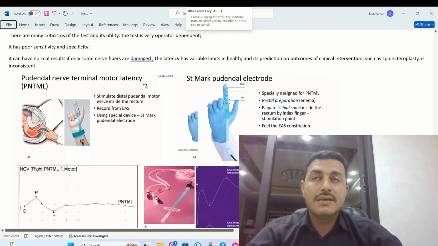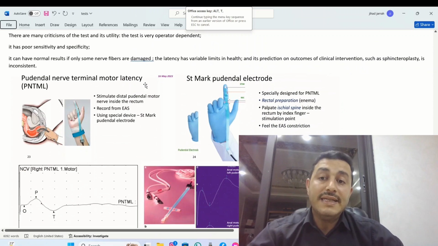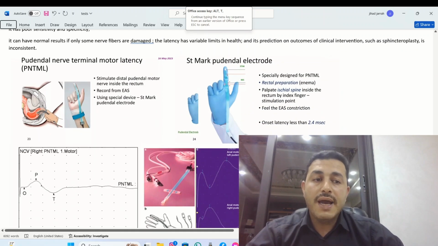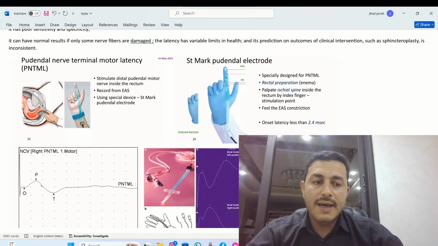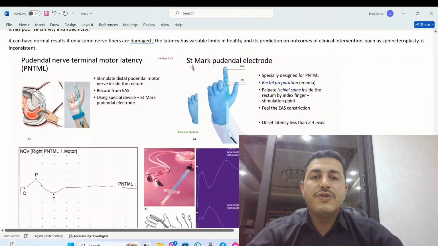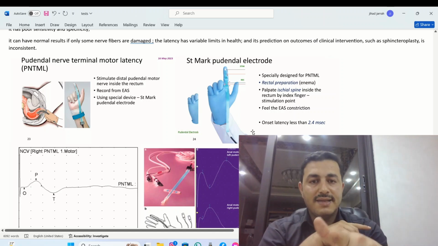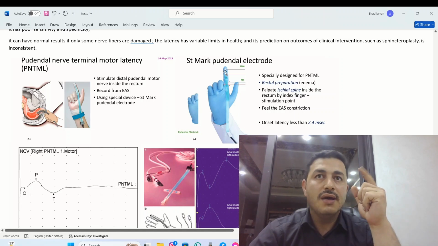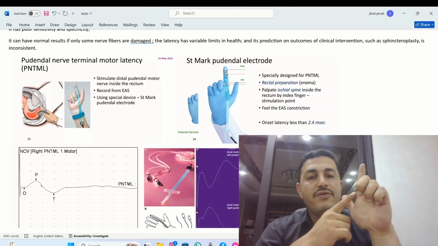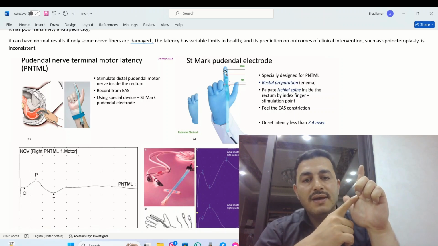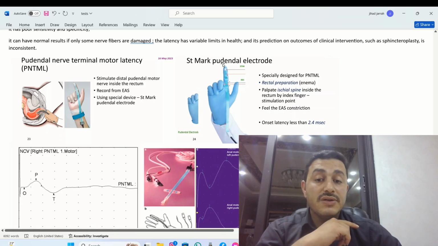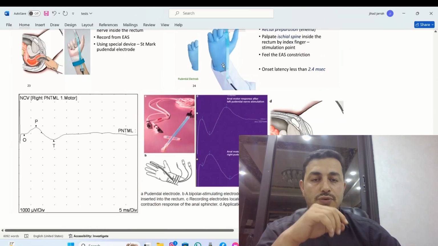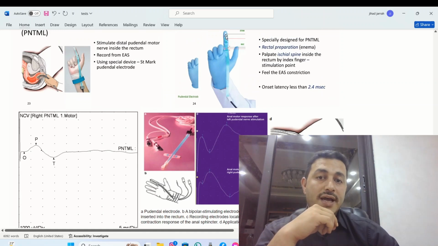So how can we test the pudendal nerve integrity? This is, as you see, by a bipolar disposable electrode called the St Mark's pudendal electrode. We can put it on our hand: at the tip of our index finger we have a stimulatory sensor, and we have a recorder about 3 centimeters proximal.